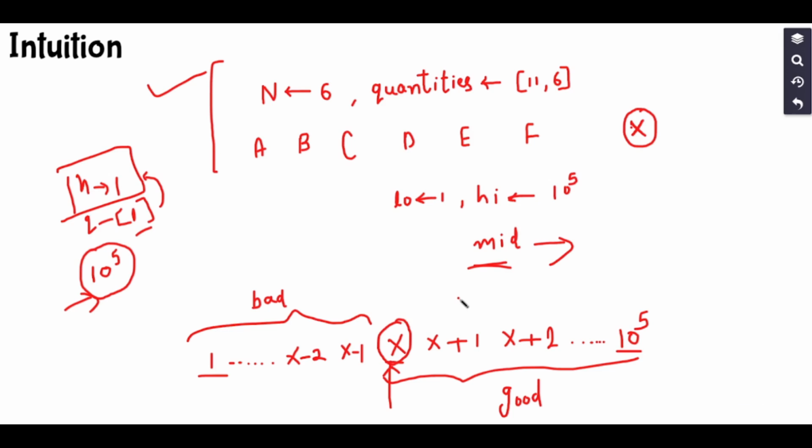Then how would I check if this mid lies on the good side or it lies on the bad side? That means if it is possible to get mid as the answer, to deliver mid products such that they're the minimum of maximum number of products delivered to any store. How would I check that?